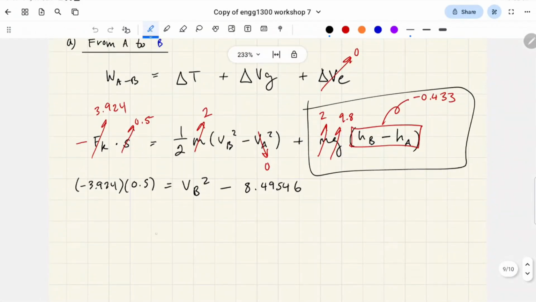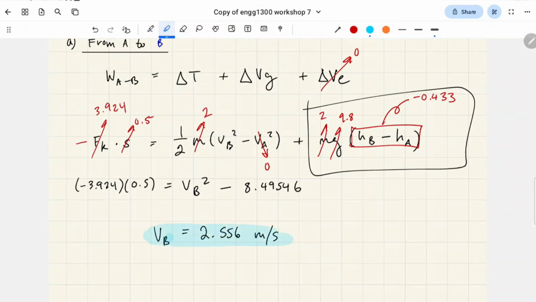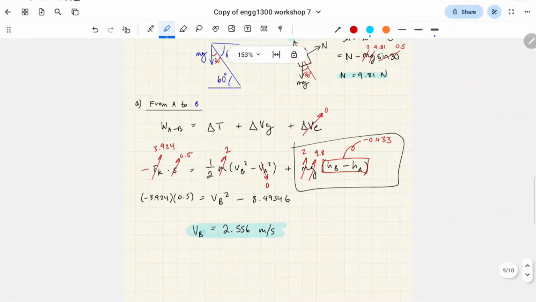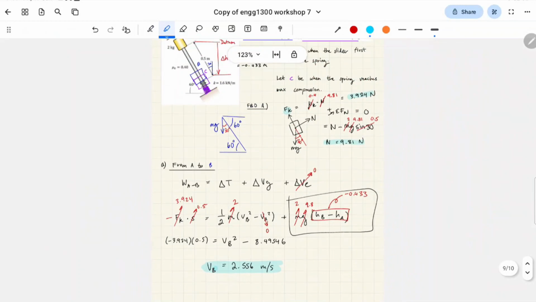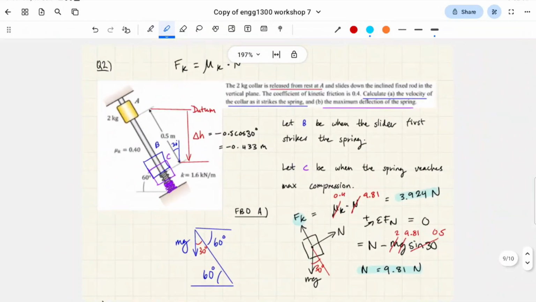Solve for VB. 2.556. That's VB. Okay. Gets even better. So that was the first part of the question, right? Because the second part of the question is, let C be when the spring reaches max compression.